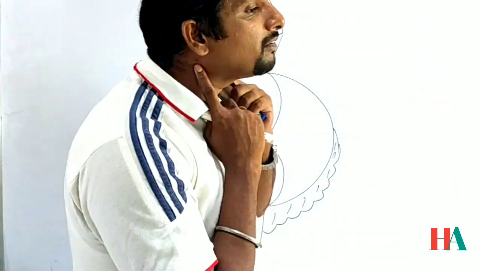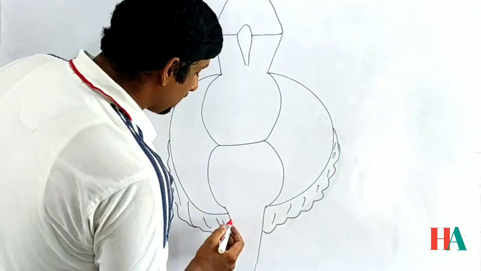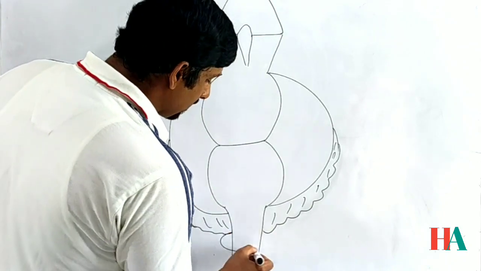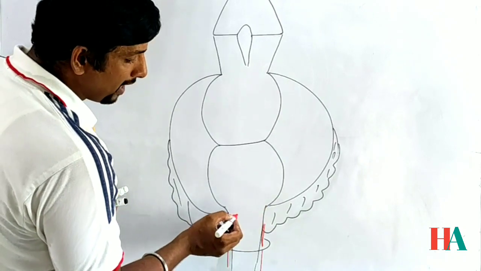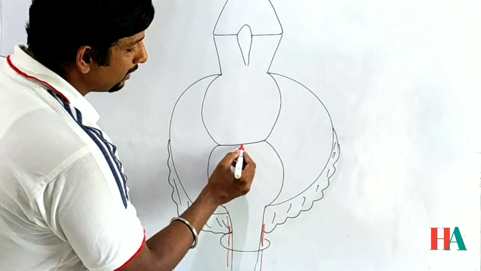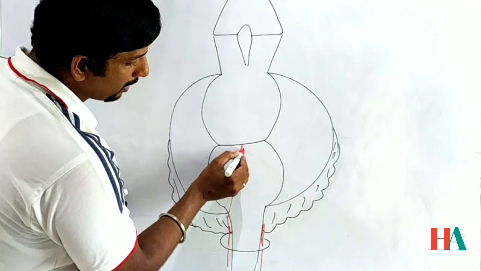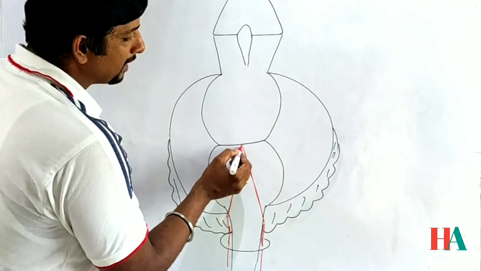The vertebral artery which entered the cranial cavity through the foramen magnum, suppose the foramen magnum is here. When the medulla oblongata part comes, from there till the pontomedullary junction, these arteries run on the medial side.